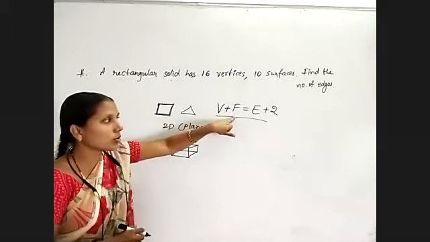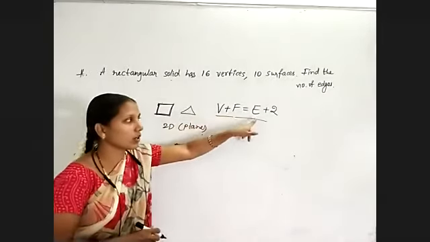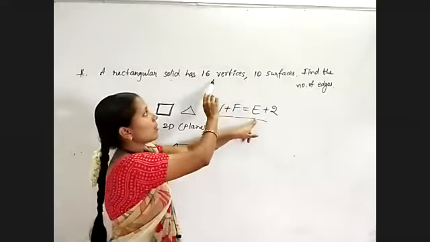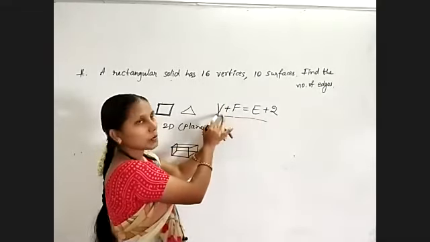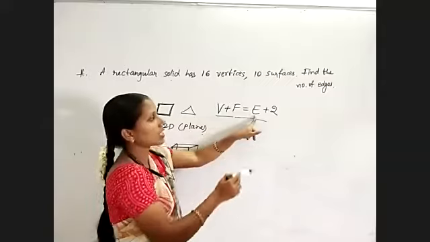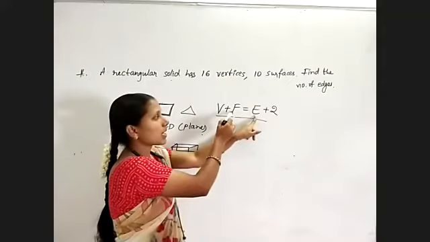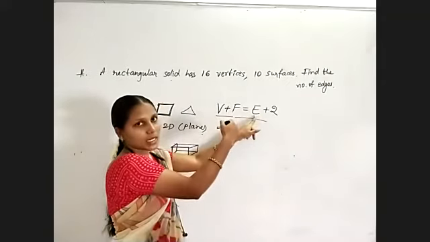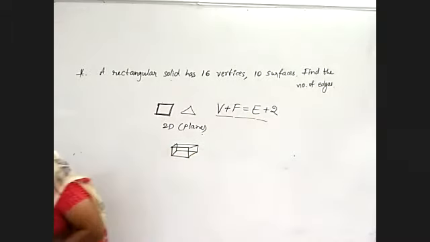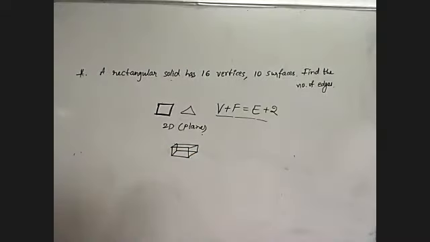Any two things they will give, and we have to find the third one. So observe the question. Number of vertices, V value is 16, faces 10, asking for edges. Vertices plus faces equals edges plus 2; by bringing the 2 over and subtracting, we'll get the edges.